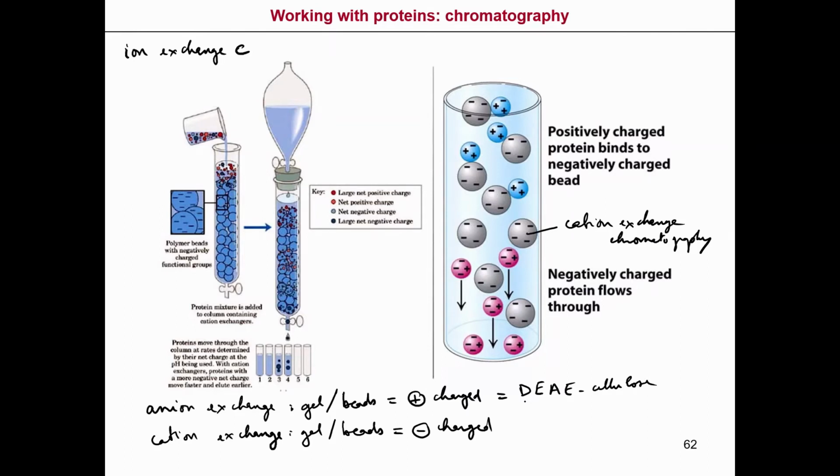Don't remember the name, just remember this. And when you have cation exchange, you have carboxylate groups, so it's CM cellulose. So here you have cellulose with amine groups, and here you have cellulose with carboxylate groups.